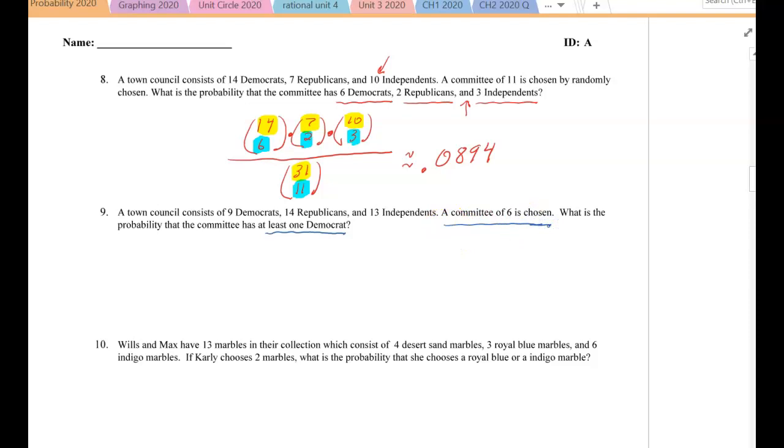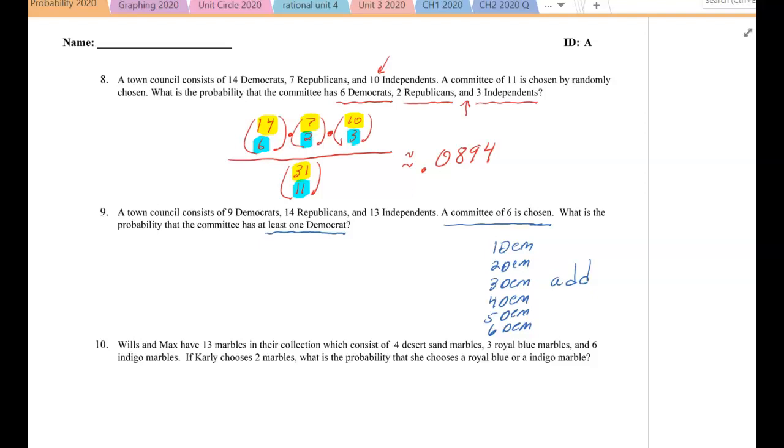So at least 1 means 1 through 6 Democrats. You could figure this out, and then you'd have 6 numbers, and you would add all of those answers.